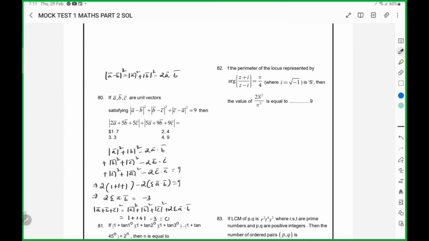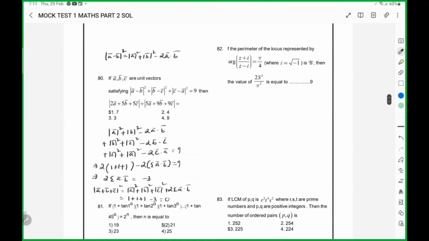Once the magnitude is 0, a bar plus b bar plus c bar becomes 0 bar.